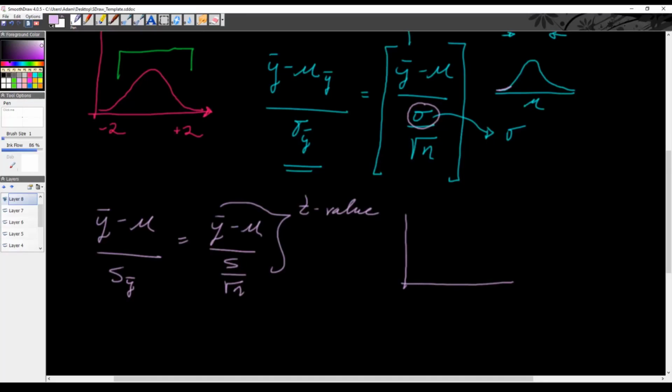Instead of having tails that nearly touch the mean, the t distribution has tails that are a little bit farther away from the mean.